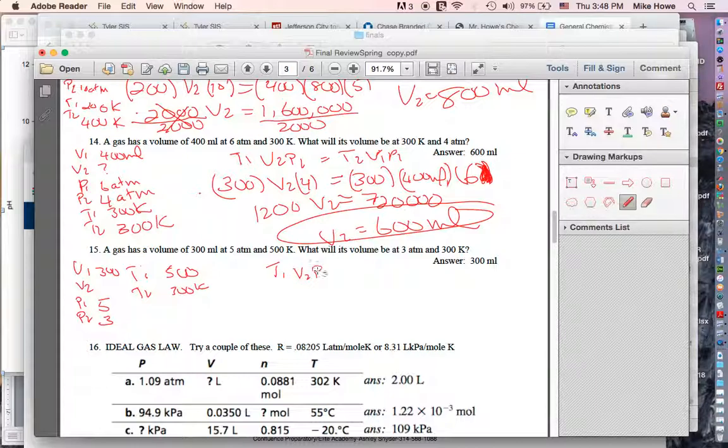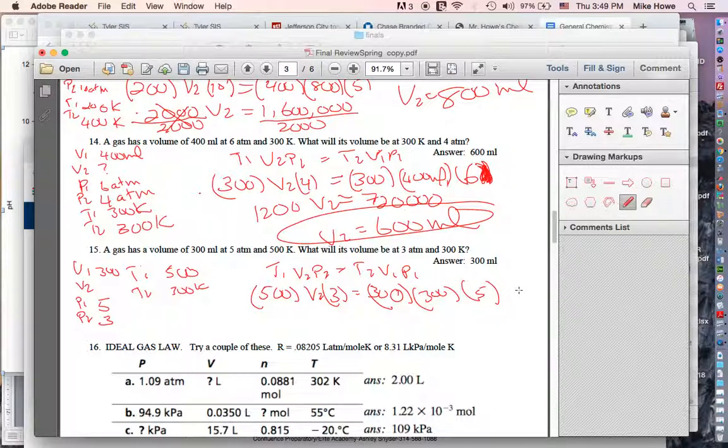T1, V2, P2 equals T2, V1, P1. T1, 500. V2 don't know. P2, 3 equals T2, 300 K right from here. V1, do we know what V1 is? Yes, 300 milliliters. And P1, 5 atmospheres.